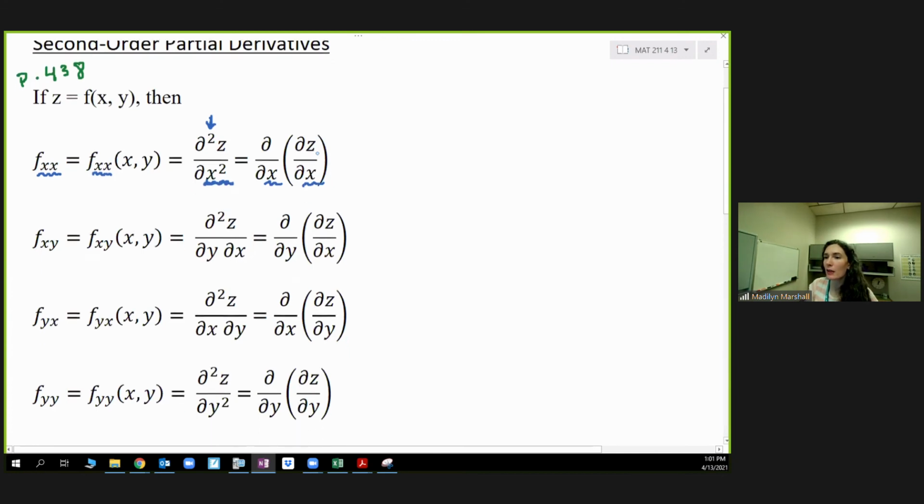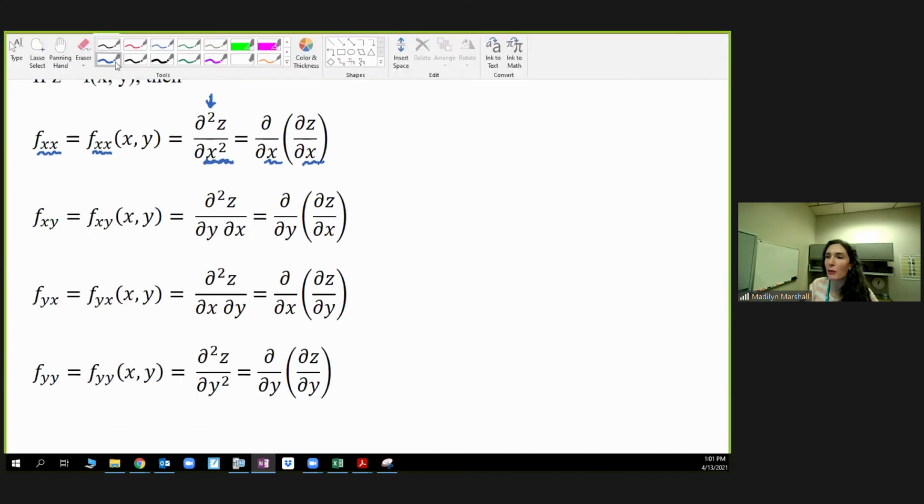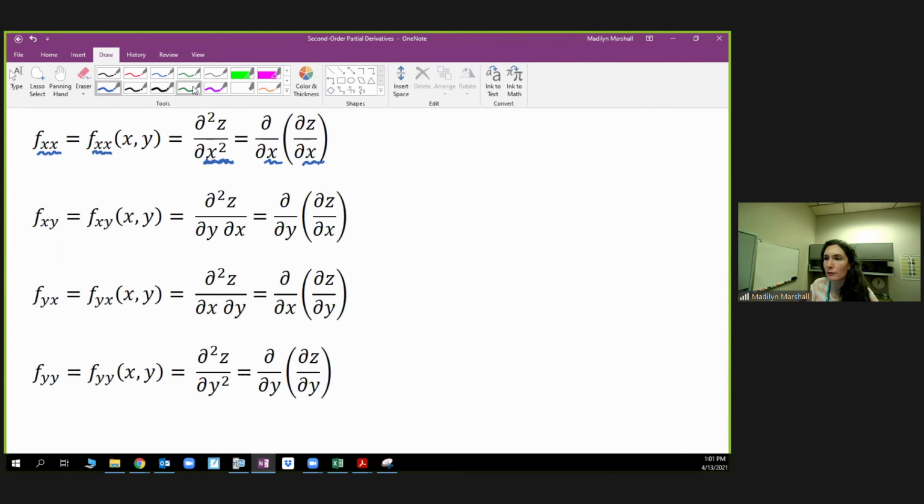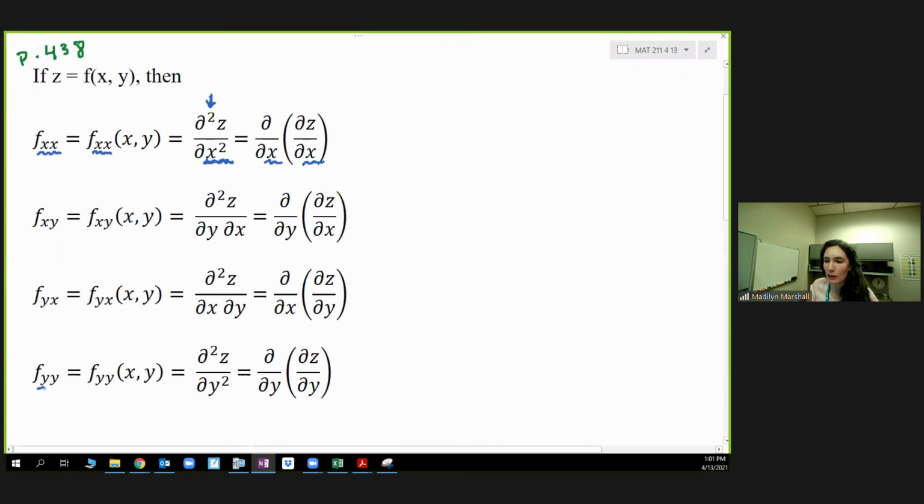And the same thing goes for if we have a yy on the bottom, y squared. So in each of those cases, if we're doing the same variable both times, there's no real confusion about what we're doing. It will tell us exactly what variable to do twice.